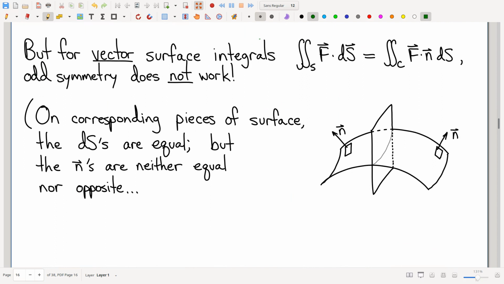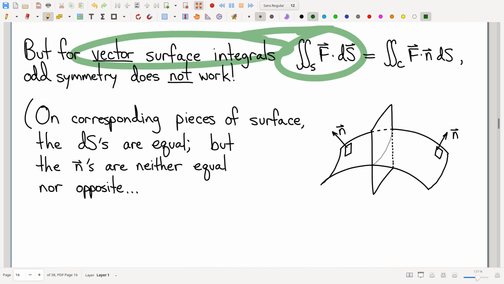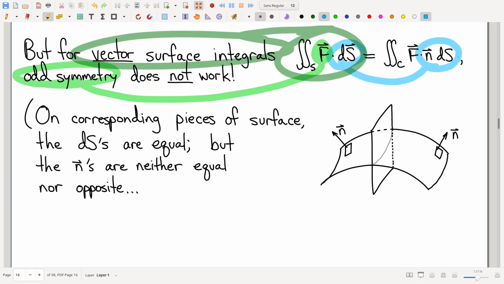If you're going to have a vector surface integral like so, if you were going to have an odd symmetry theorem, if you wanted to be able to benefit off of your vector field being odd, what you would need for that to work would be for the ds vectors to be the same on either side of the reflection. I would need ds for this piece and ds for that piece to be the same. And here's the problem.